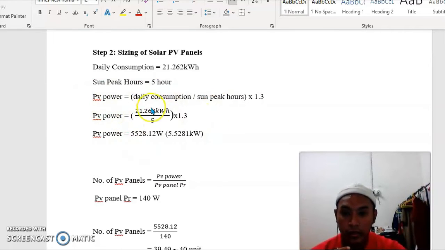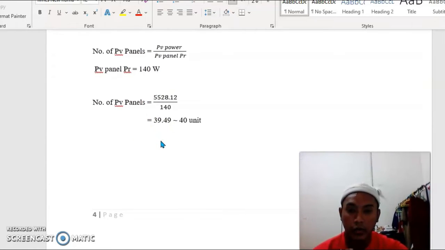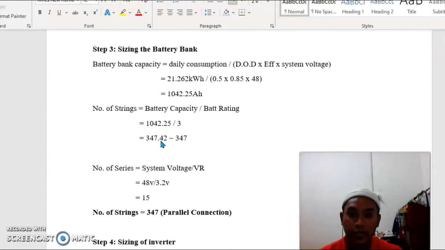We do this and we get PV power as 5528.12 watt or 5.5281 kilowatt. Then we need to calculate the number of PV panels, which is PV power over PV panel PR. The value for PV panel PR is 140 watt, and then we get the number of PV panels as 40 units.